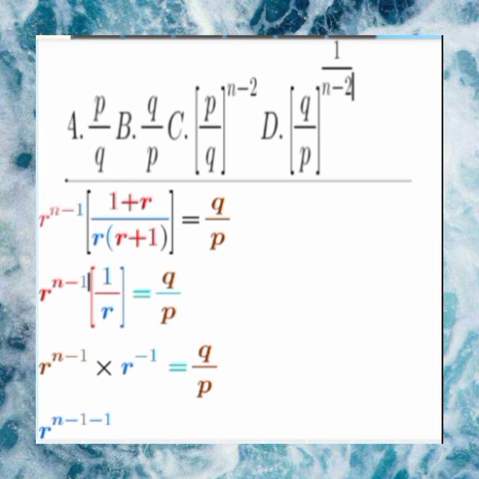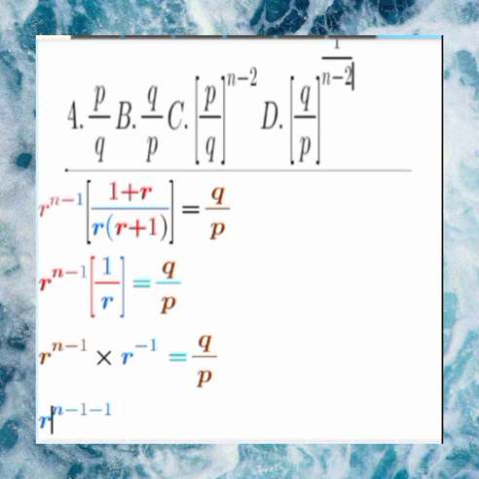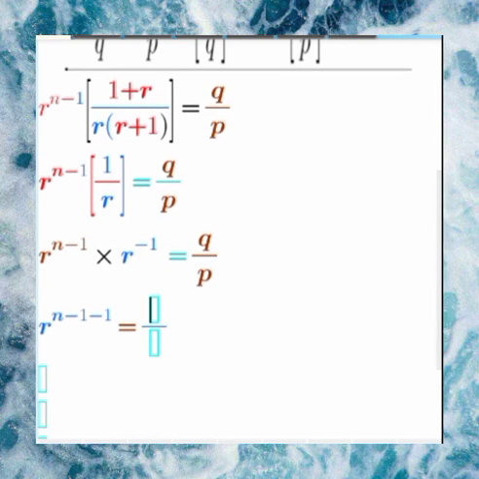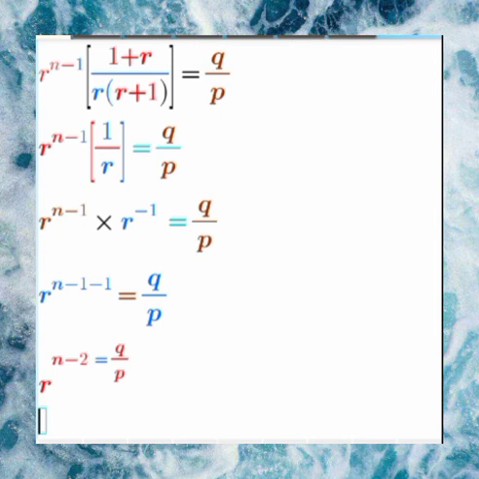So that will give us n minus 2 as the power, equal to q over p. So we end up with r raised to the power n minus 2 equals q over p.